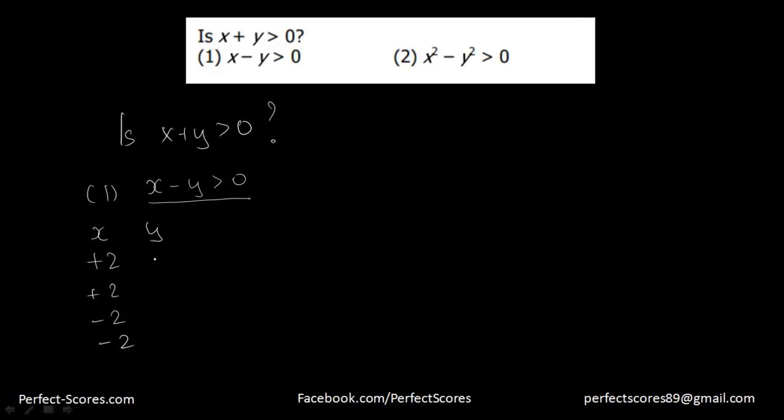So over here I can take x as plus 2, so I don't want y to be 1, so let me make it 3 and let me make it minus 2. So x minus y is actually greater than 0, right? Oh sorry, let's make it plus 2. X minus y is greater than 0 because I want to keep it plus. Now y has to be minus. Plus minus plus minus.